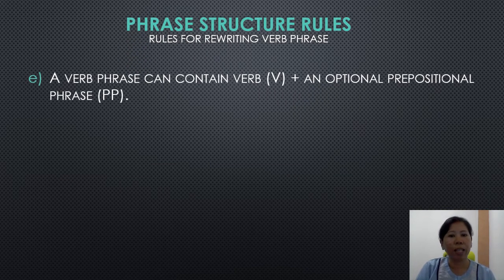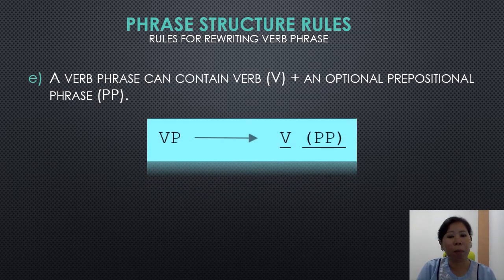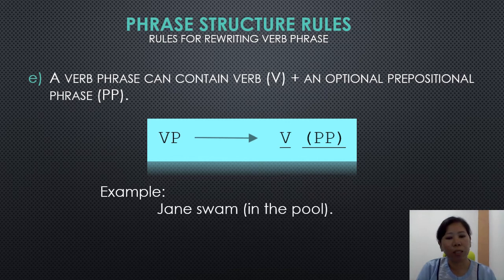Now, the last rule for rewriting a verb phrase indicates that a verb phrase can contain a verb plus an optional prepositional phrase. For example, we can say, Jane swam in the pool.